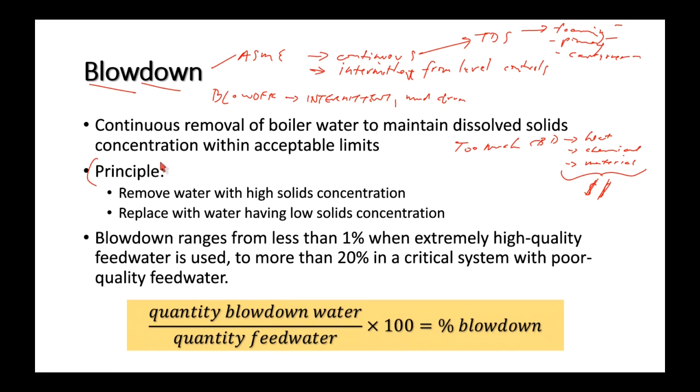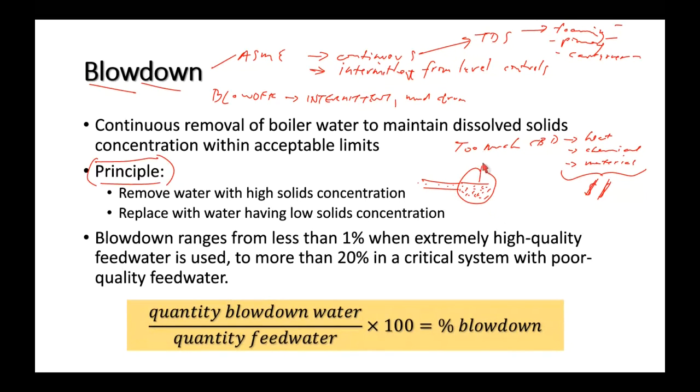Now, any time that we're trying to control dissolved solids, the principle is this. Here's my boiler, there's the water, it's got a lot of dissolved solids in it. Here's our feed water, it has very few dissolved solids in it.